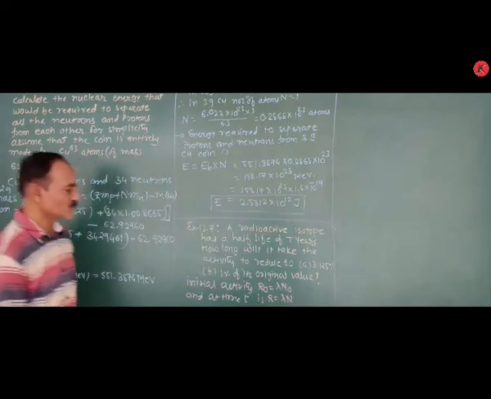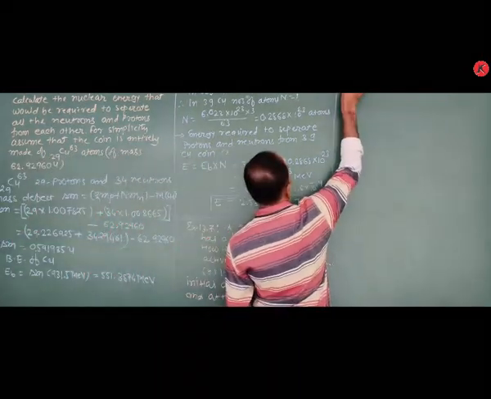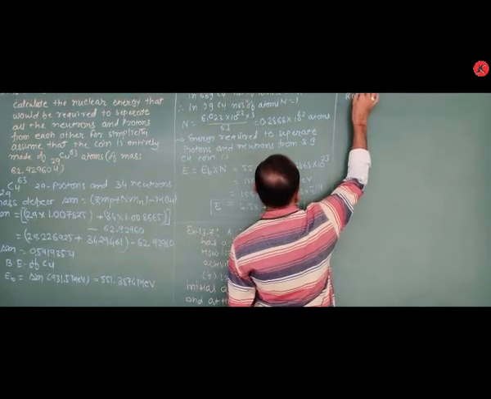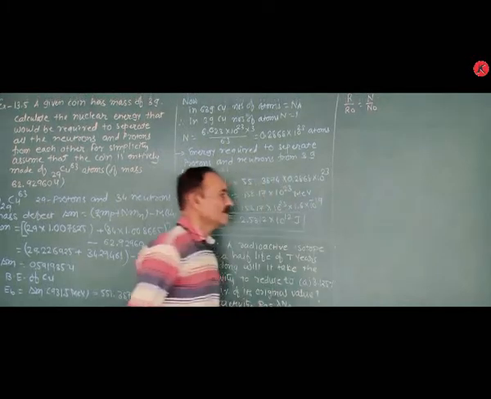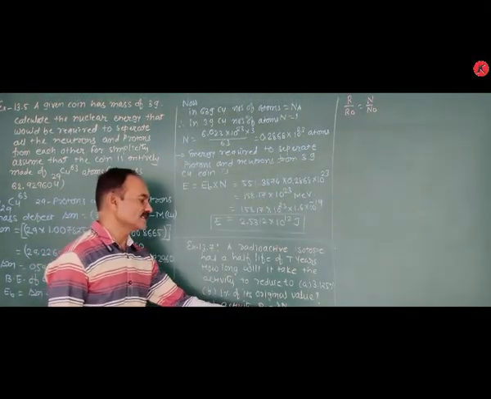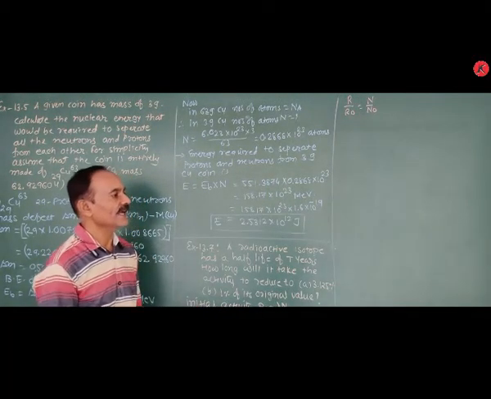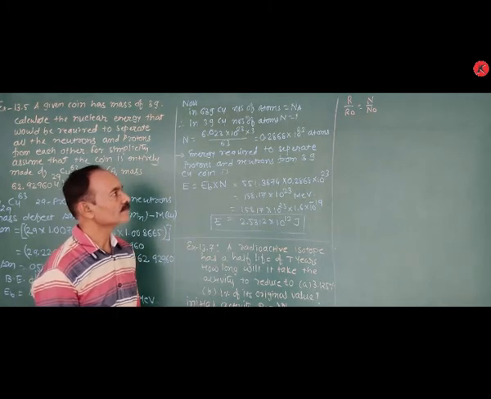Take the ratio of these two. R upon R0 is equal to n upon n0, since lambda cancels.